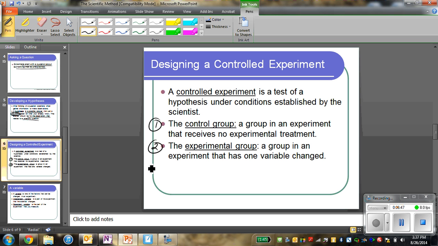One flower that's going to receive no treatment, and then another flower that will receive treatment. Okay? And that's basically it. For every controlled experiment, you've got to have two groups, the control group and the experimental group. And that's how we're going to keep our experiment from becoming too large, because the more variables you have, the more groups you have, the less likely it is you're going to figure out what is actually happening.